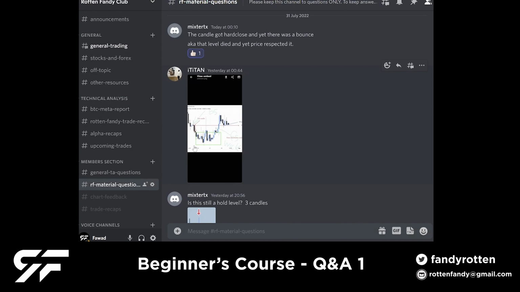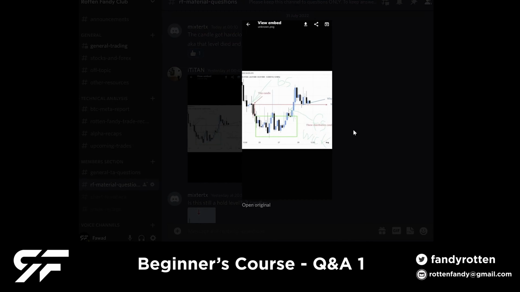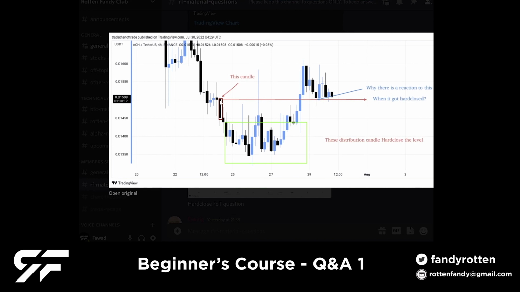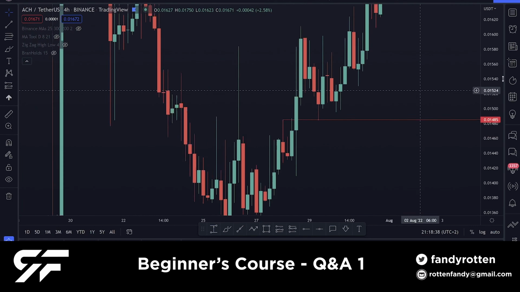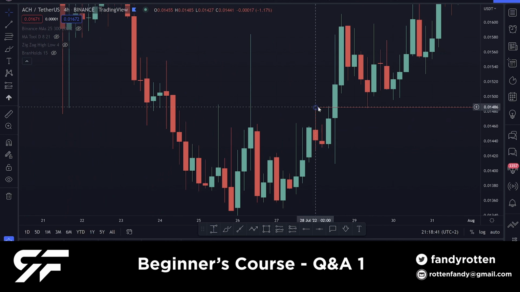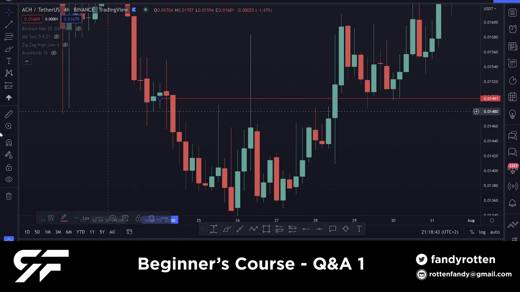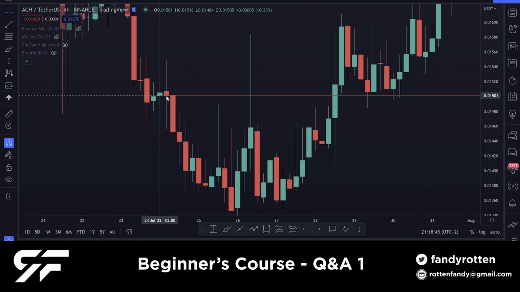Now in regards to where was the question? Yeah, this. You asked why did this have a reaction over here on ACH? I think I have this open with me right here. You asked about this level. So it was basically an inverse, meaning a resistance inverse hold, right? Inverse holds are the ones on the opposite side of the chart, right? They're the resistance.